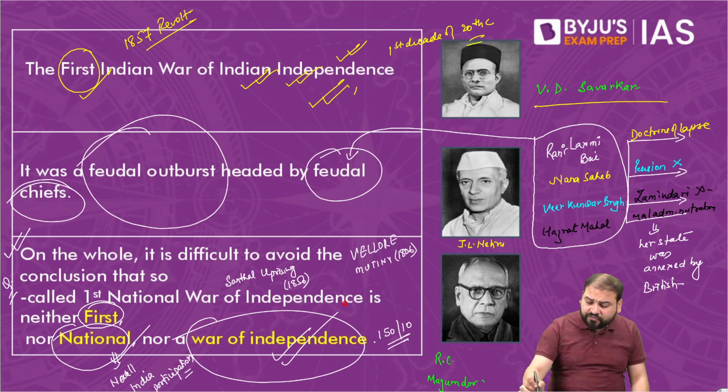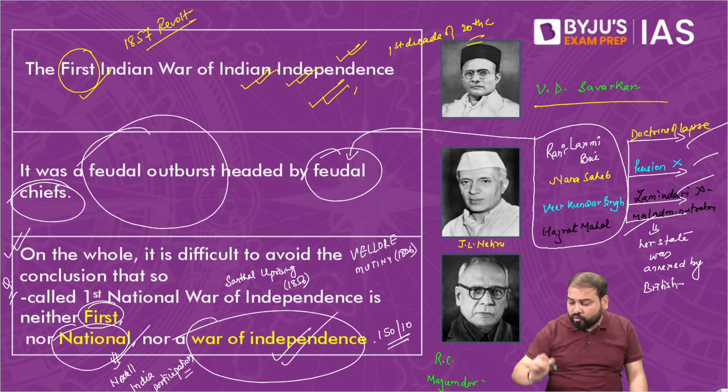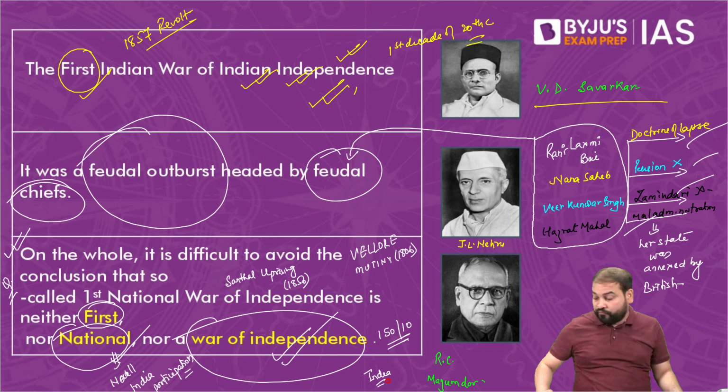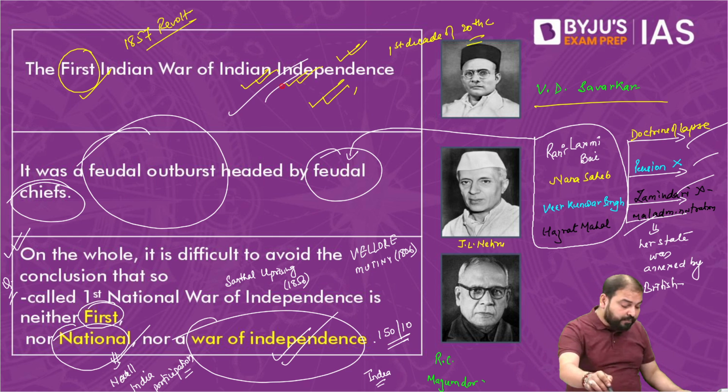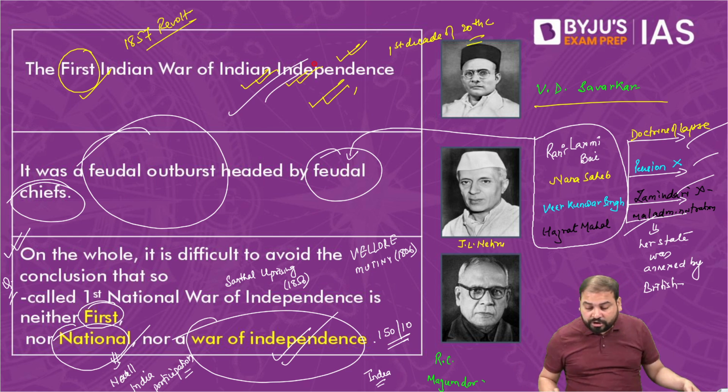No, because we saw everybody is fighting for their own reasons. Nobody is fighting for the country as such. So R.C. Majumdar is saying that on the whole, this revolt, which is being categorized as the first war of Indian independence by certain leaders, we cannot call the revolt of 1857 the first war of Indian independence.